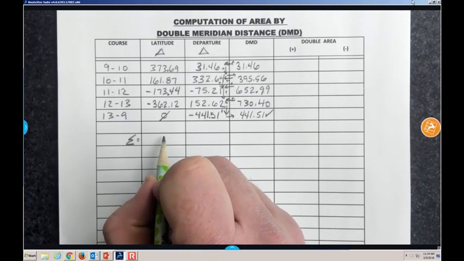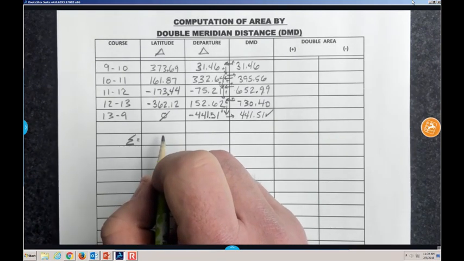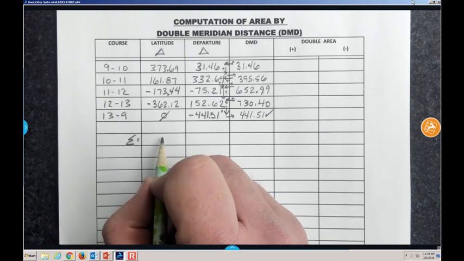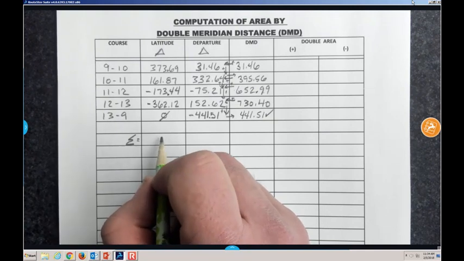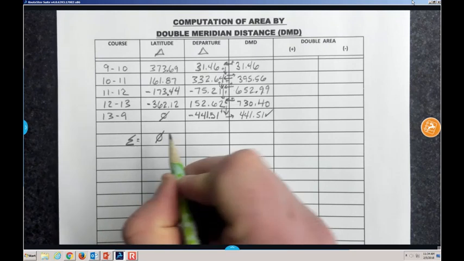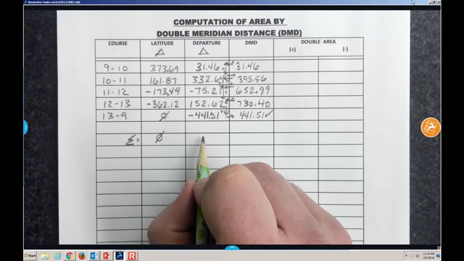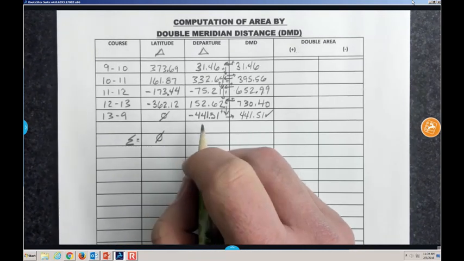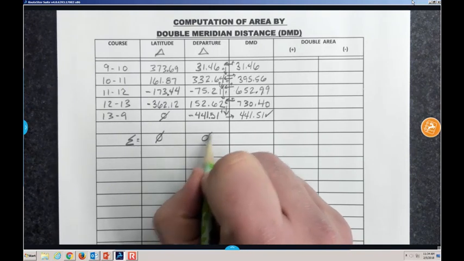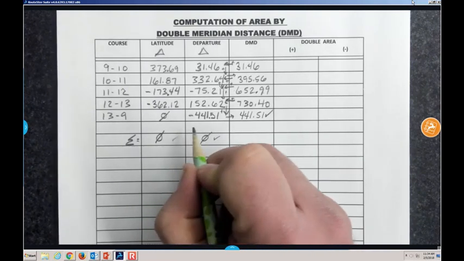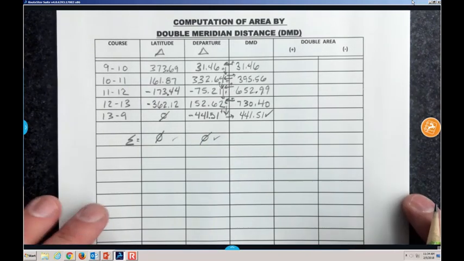Change in the departures give us a 0? Yes, they do. How about the sum of the departures? 0? Okay, so we're good there. So those check.